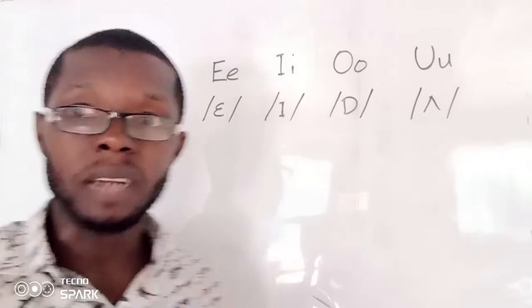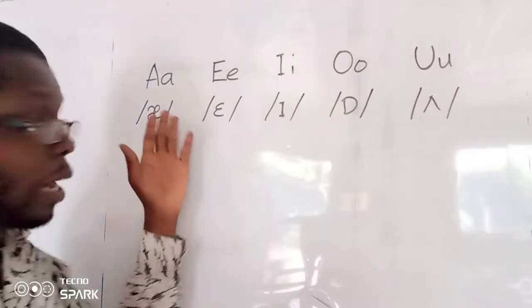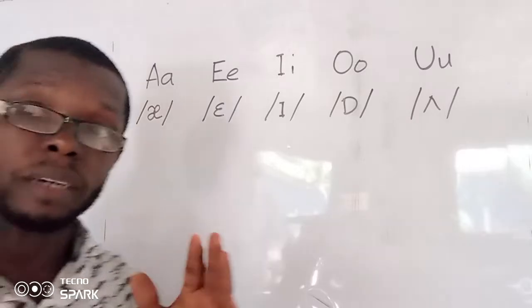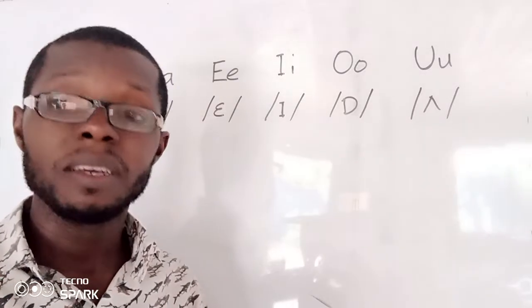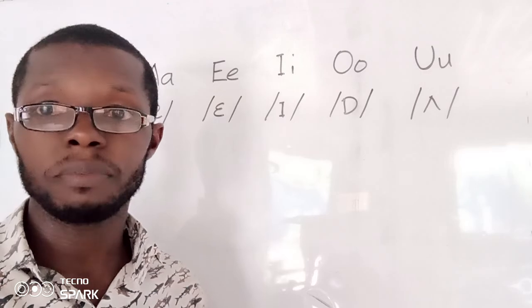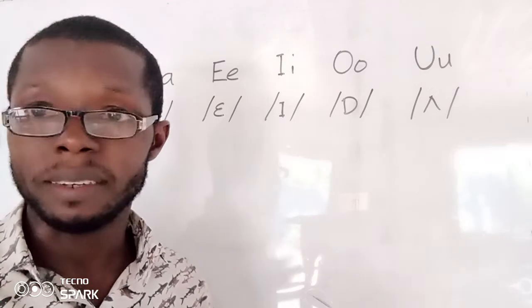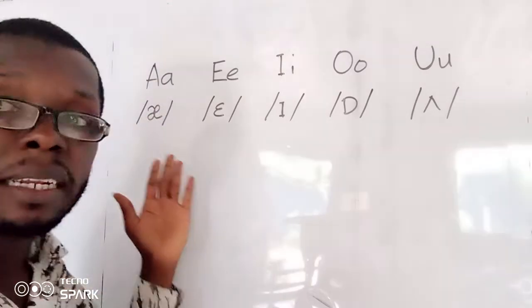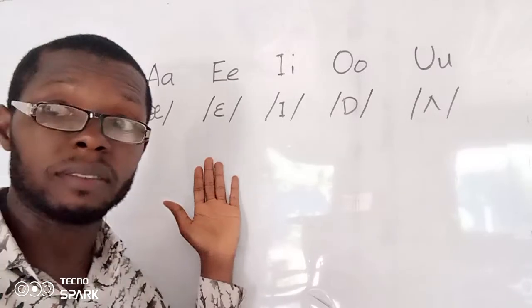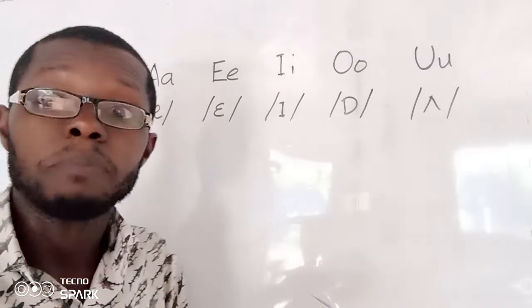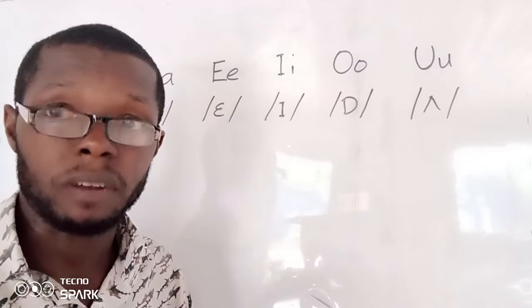In the same way a letter can produce more than one sound, a sound can be spelled or represented in more than one form. We're talking about the letters of the English alphabet, precisely the vowel letters, as they are basically articulated.